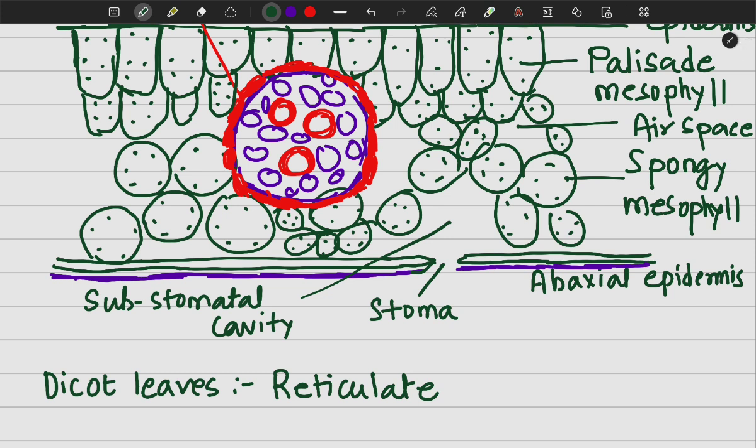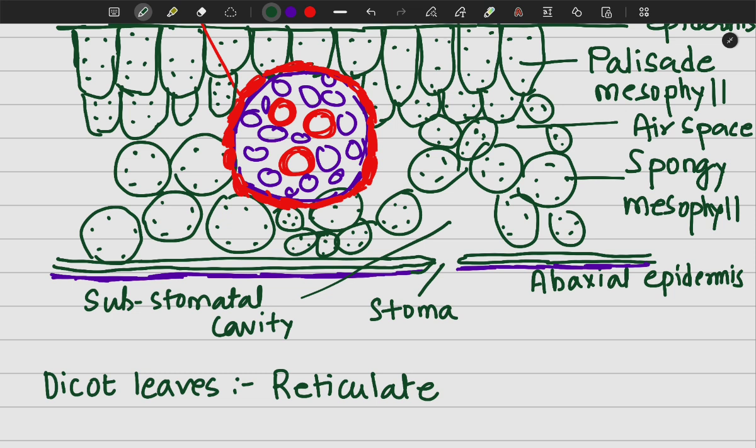So the size of the vascular bundles found inside a dicot leaf will depend on the size of the veins or veinlets. Usually the main vein or the midrib is the largest vein, so the vascular bundle of that vein would be the largest, and depending on the size of the other veins the size will vary.